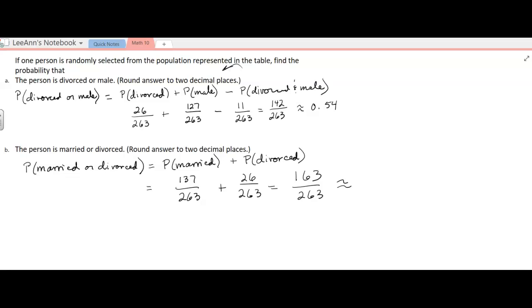Let's see, 137 plus 26, just checking my math. Yeah, 163 divided by 263, and we're going to go 2 decimal places, so it's 0.62. So the probability of being married or divorced is 0.62. Interesting.